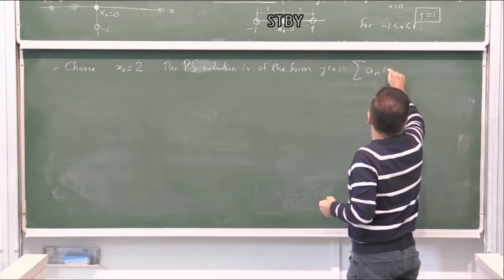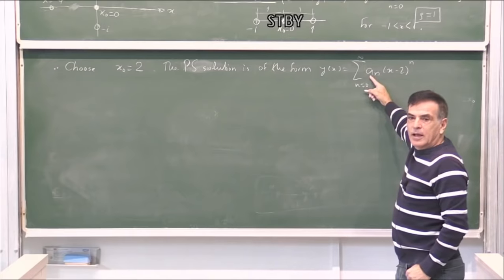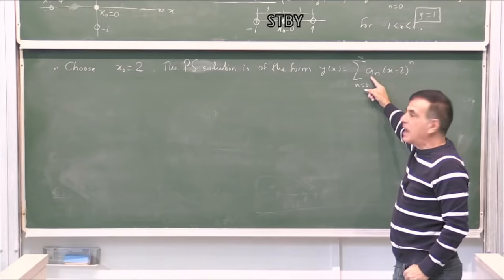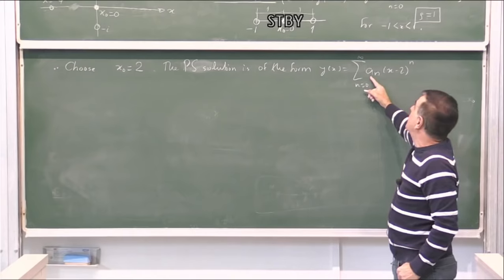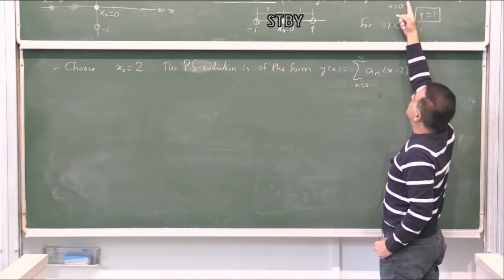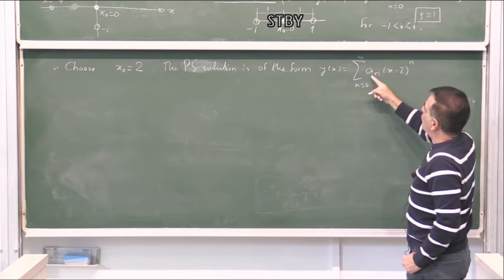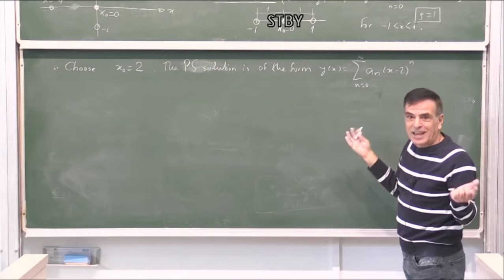Please do not confuse. I use the same symbol for the coefficients an, but of course, in the expansion around 0, the coefficients of this series and the coefficients of this series are not the same.